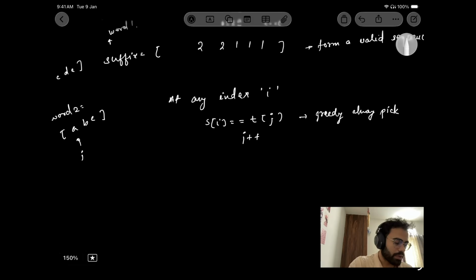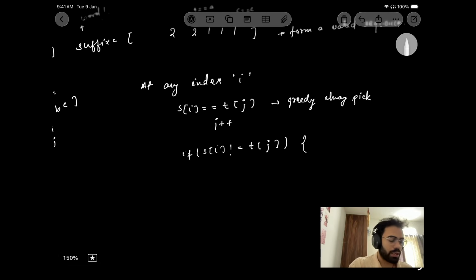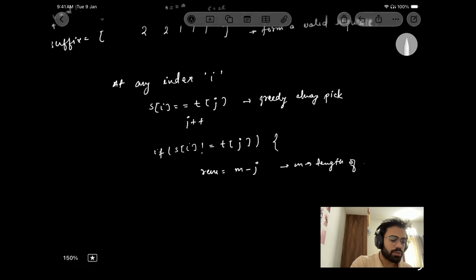Now if s of I is not equal to t of j, how many characters do we have remaining? Remaining is m minus j, where m is the length of word two.